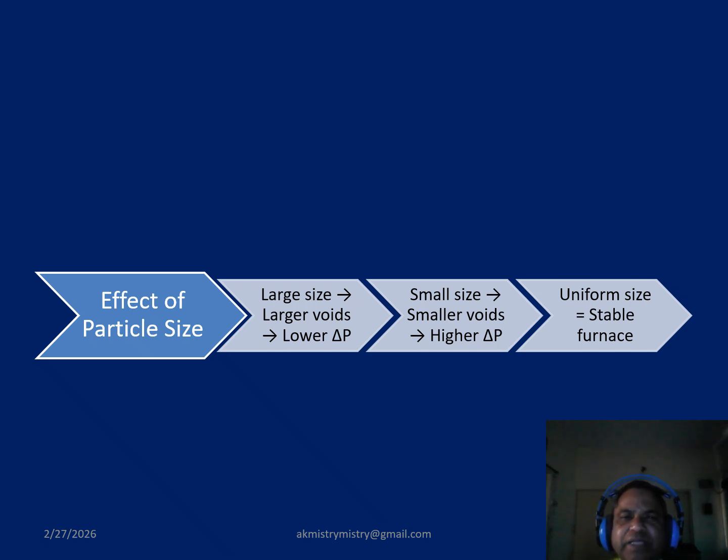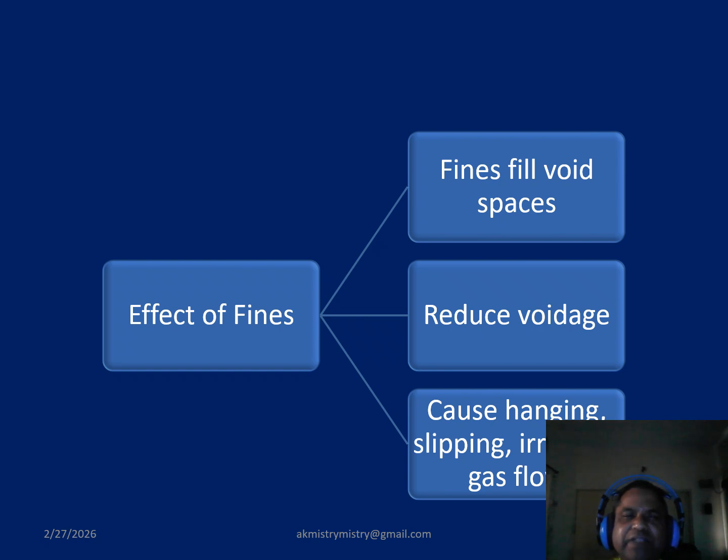Now, particle size is a major factor in permeability. Large particles create larger voids and lower dP. Conversely, smaller particles pack together tightly, creating tiny voids that offer much higher resistance to the gas flow.